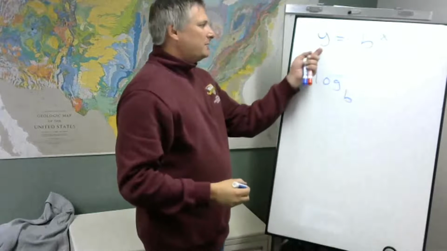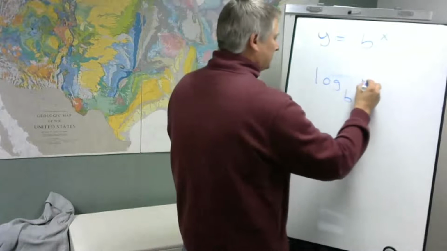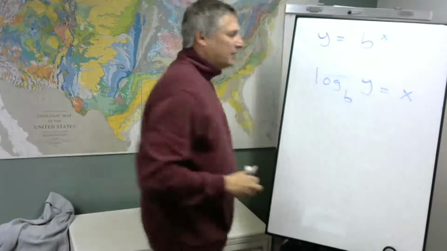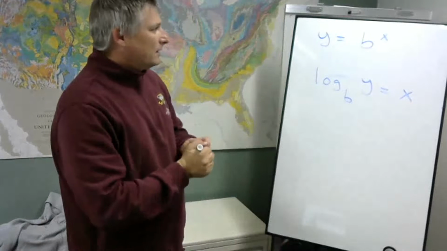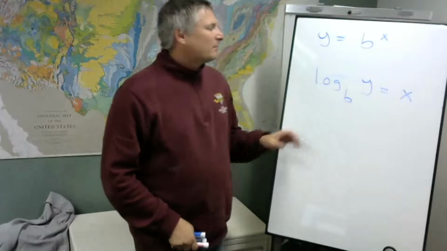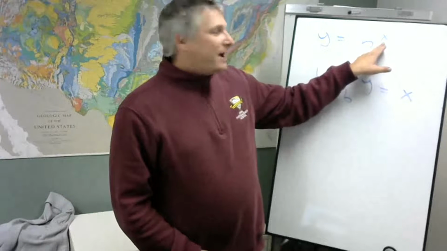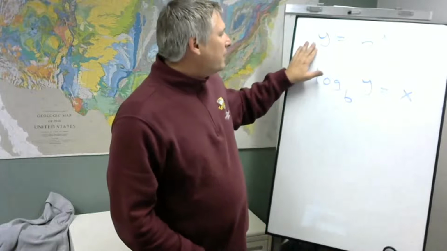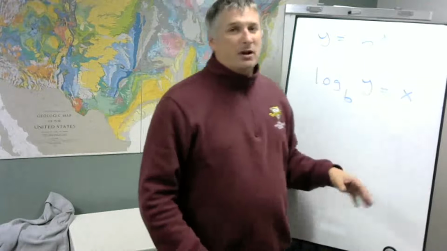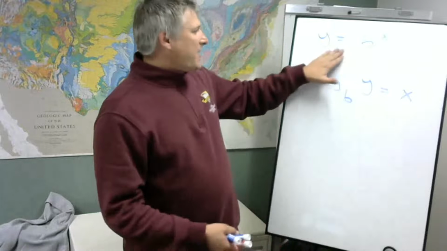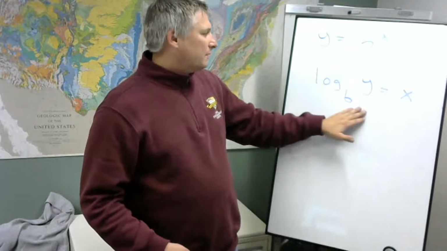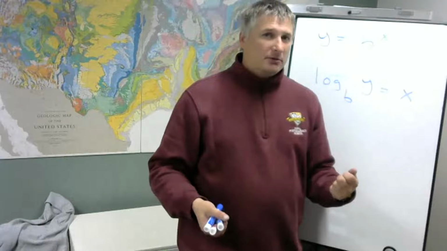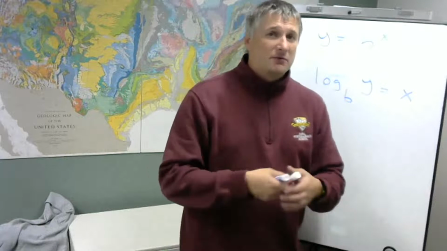And remember, with the log, we take the output, or the result, and the exponent is what we kick out. And notice what's going on here. Input x is now output for the logarithm. Output y is now input for the logarithm. So when we work with exponential functions and logarithmic functions, we're switching the inputs and outputs. And that happens with inverse functions.